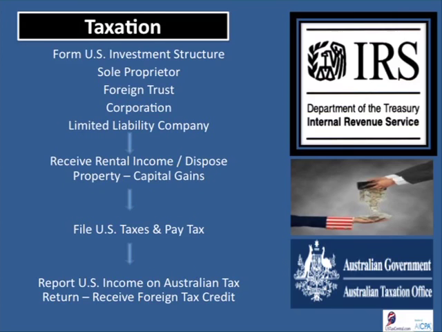What happens is when you pay your tax in the USA, you'll get a foreign tax credit in Australia, or New Zealand. I understand there are some people from New Zealand. You are not going to find yourself in a position where you're paying taxes twice. The system reconciles the taxes that have been paid in another country.